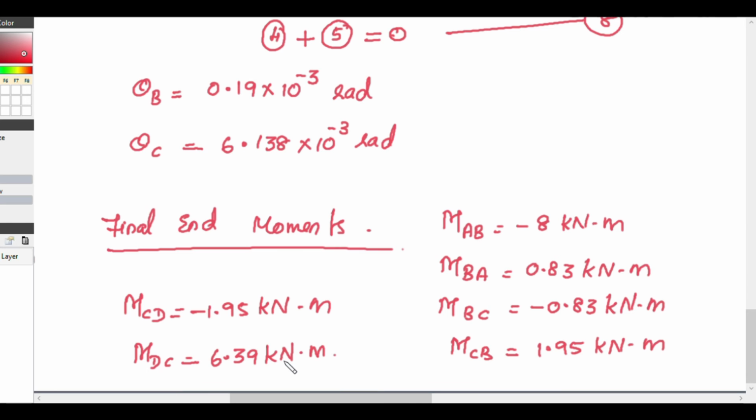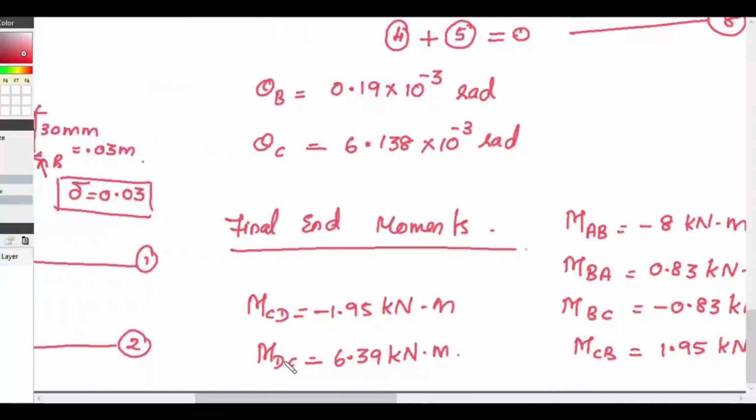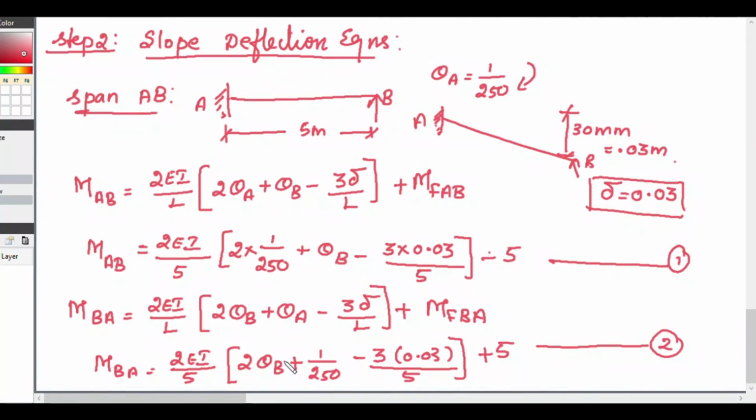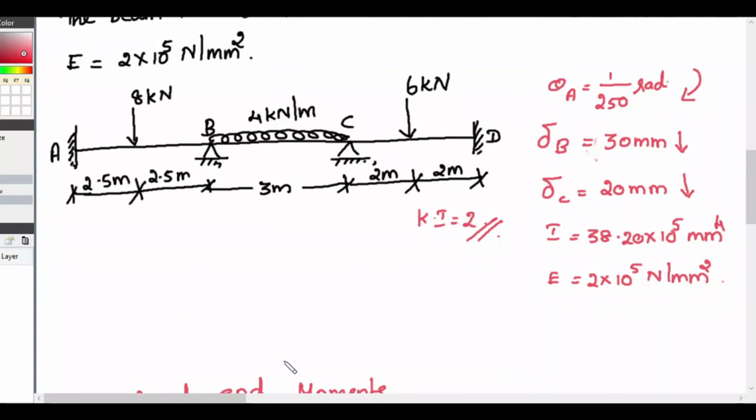Now we will draw the final end moments. While drawing, we know for this span AB, the simply supported moment diagram has its maximum moment at this point.